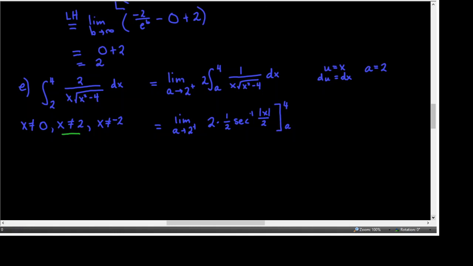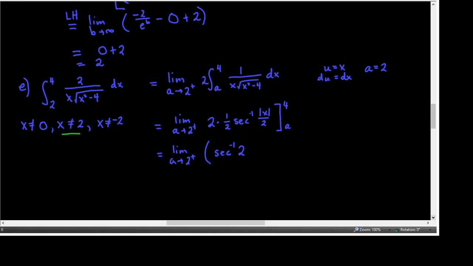All right. So, the first number that we substitute in is the upper bound. Okay, so 2 times 1/2, of course, is 1. So this will be secant inverse of the absolute value of 4, which is 4. 4 divided by 2 is 2.